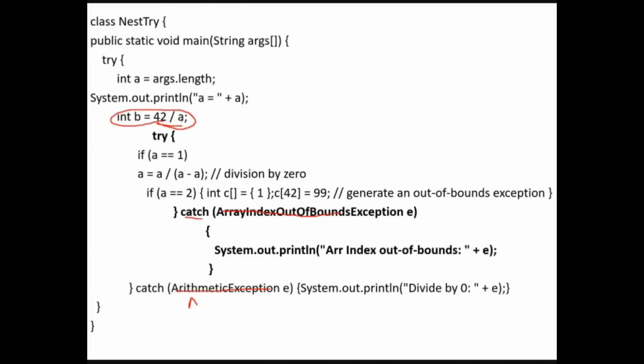Actually, here an arithmetic exception has occurred, and this catch block type is array index out of bound exception, so it cannot be handled. So this is handled by the Java runtime system, and abnormal termination will happen. Got it?